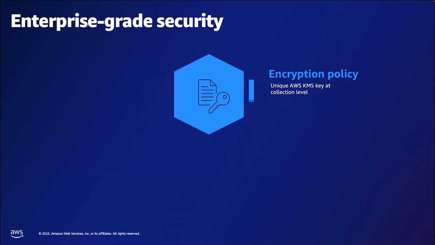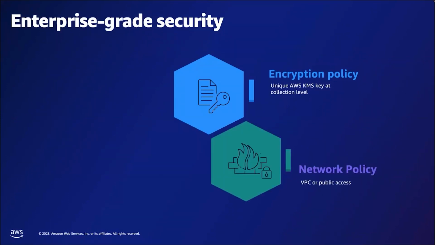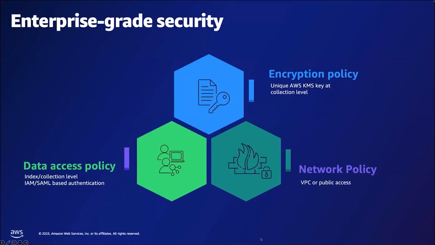Next, you have the network policy, which can be defined for your collection to control whether it is accessible on the public internet or through VPC endpoints. And at the end, you define the data access policy, where you set permissions either at the index level or at the collection level, and then use IAM or SAML based authentication for logging into the OpenSearch dashboard.